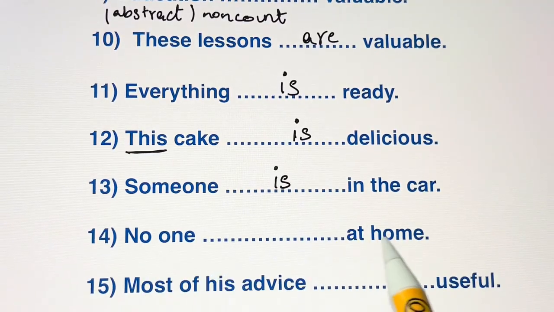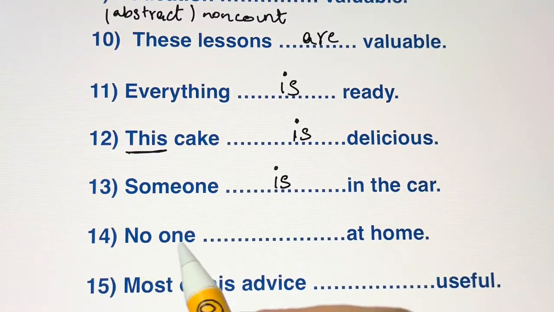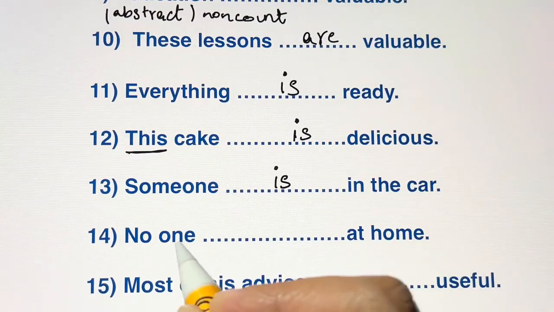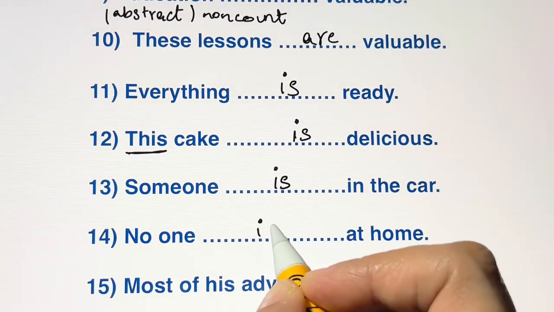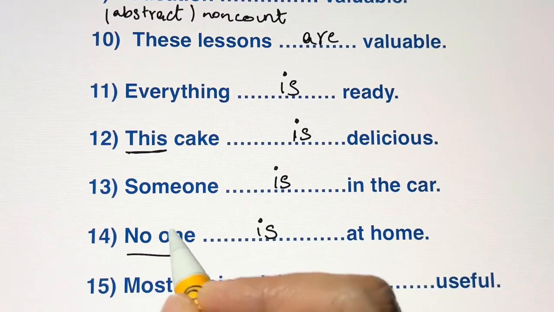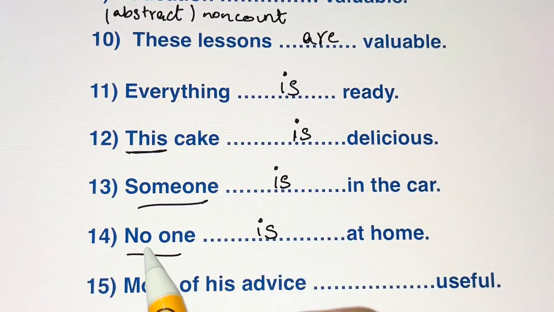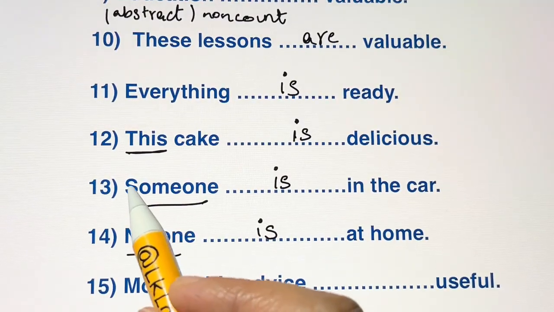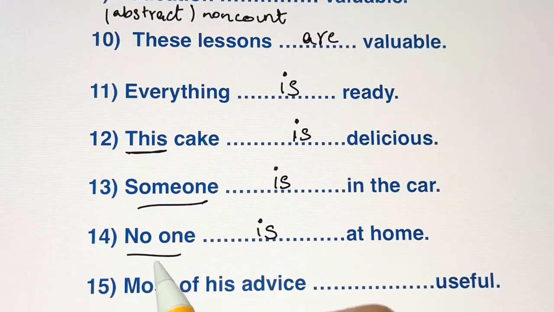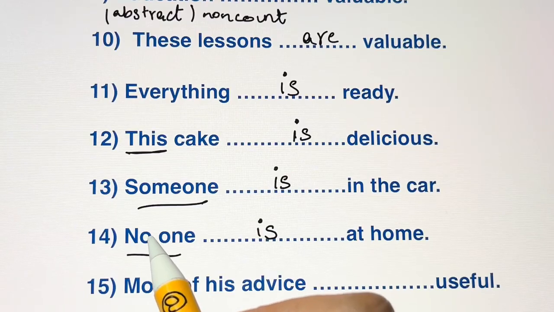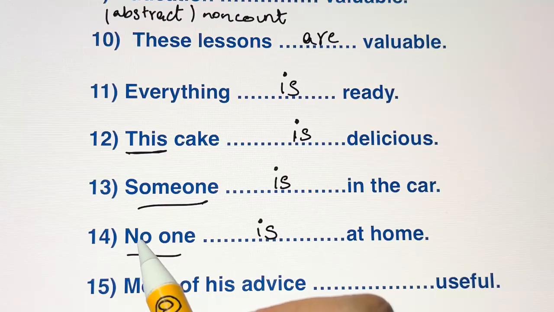No one blank at home. No one, nothing, nobody. They all take singular verb is because they are singular subjects. Now here, notice, like how you have written someone as one word, you cannot write no one as one word. You need to keep a space or keep it hyphenated. We read it as two words, no one.